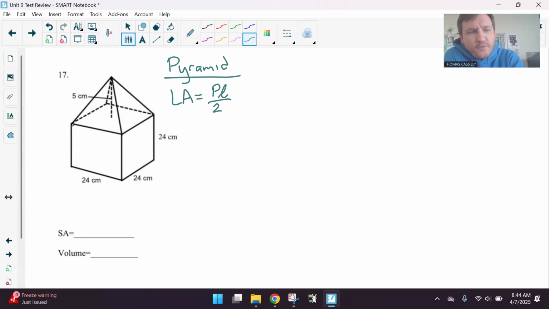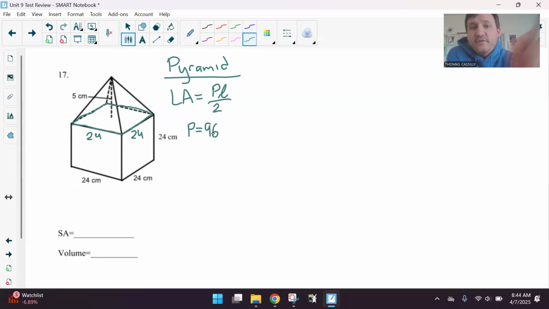First, we can get the perimeter of this base very easily. If you take the 24 and drag it up top, you have 24 on, I'm going to assume it's a square, so 24 on all sides. What is 24 times 4? That gives us 96. So capital P equals 96.